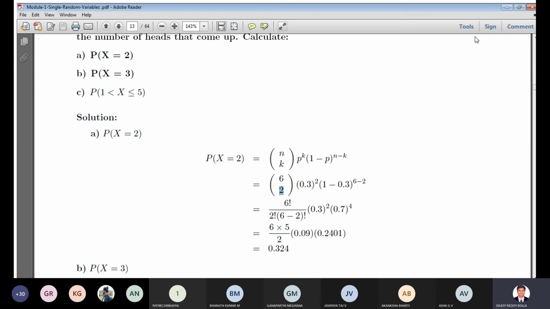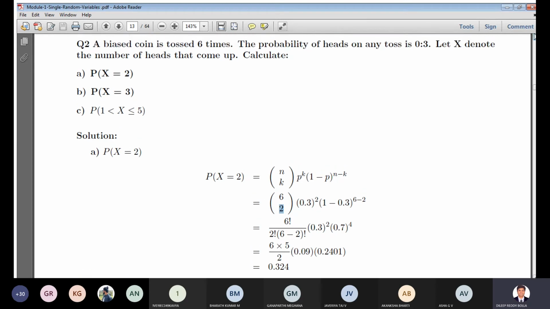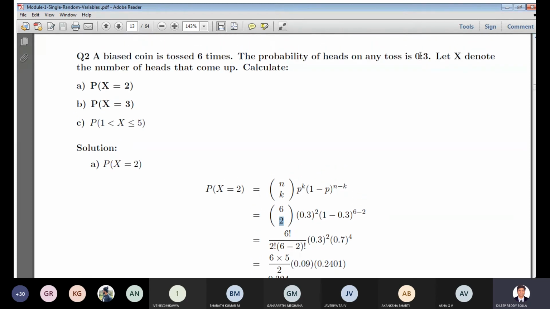And what is the p value they have given? 0.3. Sorry, not 0 colon 3, that's a confusion here. It is 0.3, not 0 colon 3. 0.3 is the heads probability. So obviously this p is the success rate and 1 minus p is the failure rate. q is obviously 1 minus 0.3. n value is 6, k value is 2.